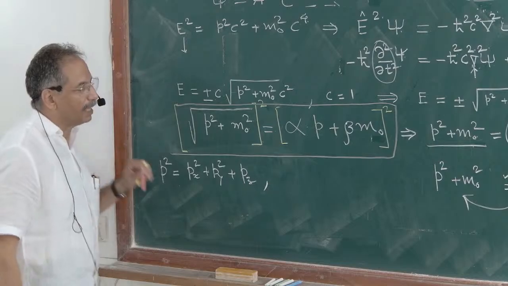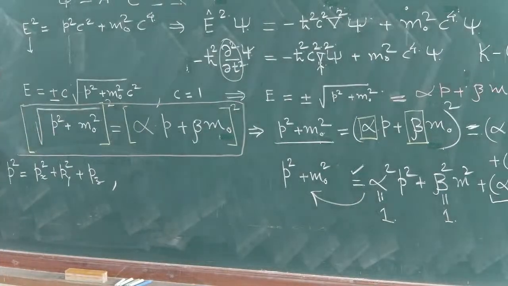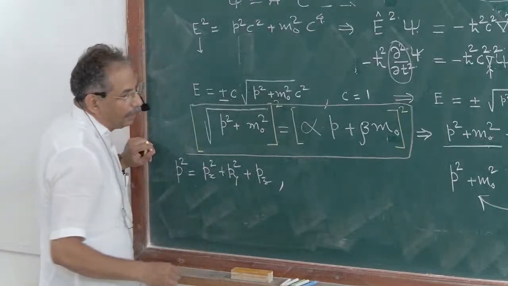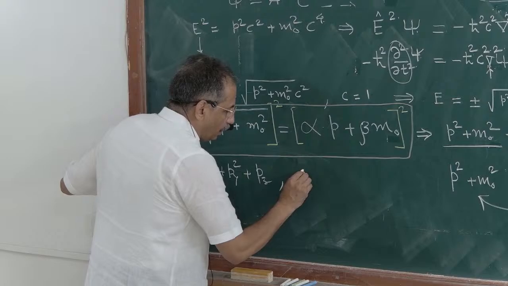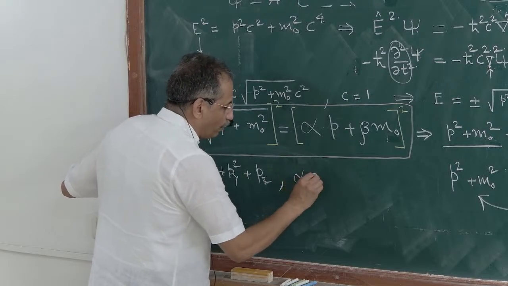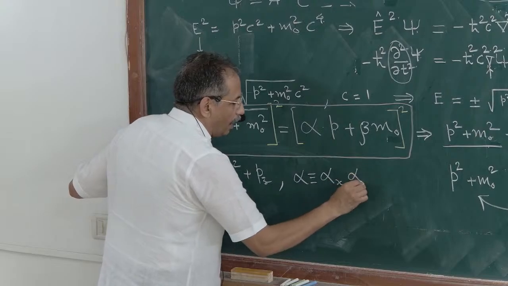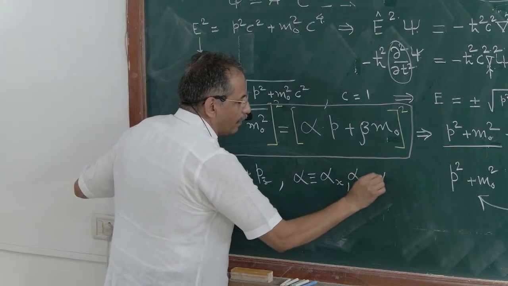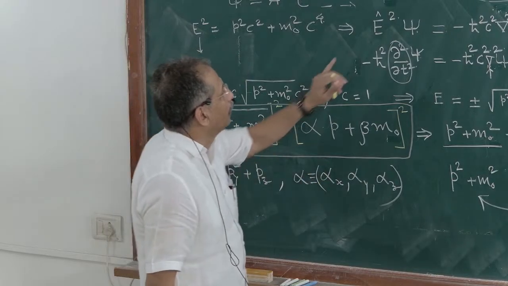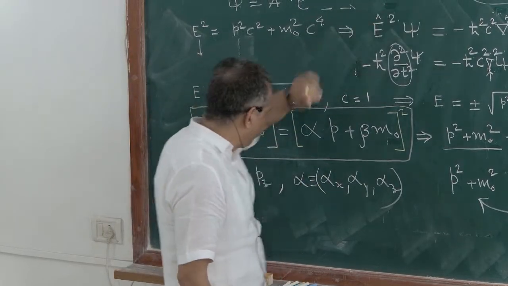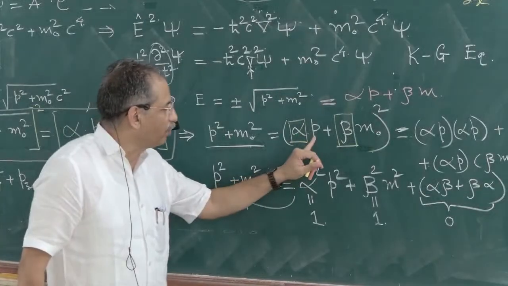And the multiplying factor also has to be of that kind, so that alpha also should have 3 components, like alpha x, alpha y, alpha z. And here this p into p we have to understand, and here alpha into p we have to understand.